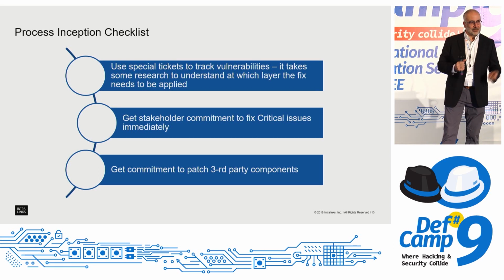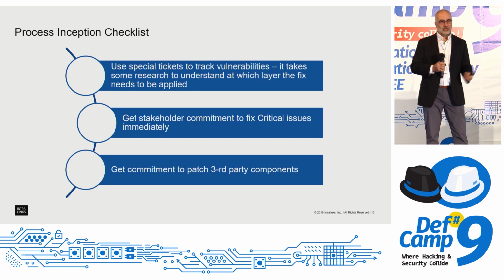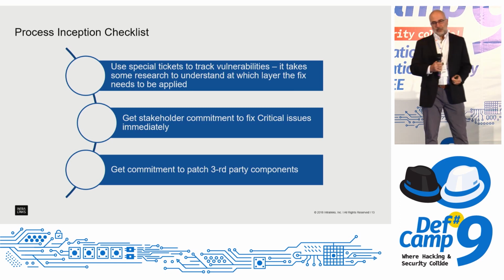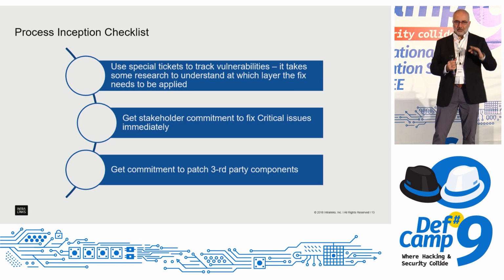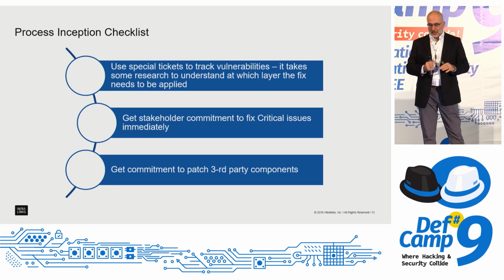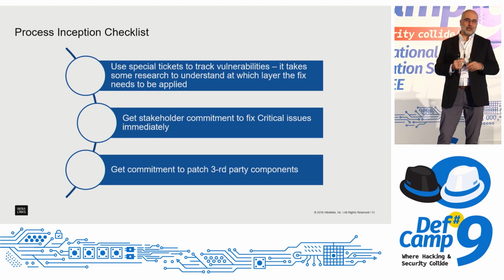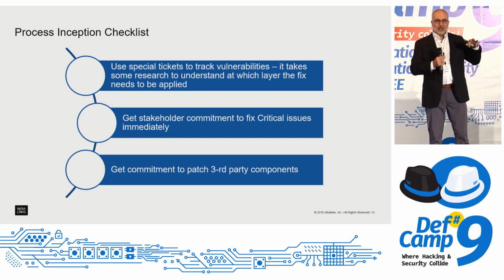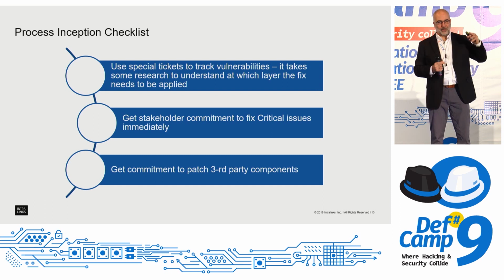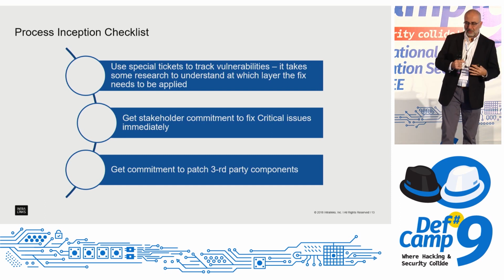Or don't use this character, and this character is a currency denomination in some countries. So you cannot follow them. You need to do some investigation, figure out how to fix them. That's why it's really good. It helped us to have special tickets which are called vulnerability tickets, and then you create implementation tickets and link them back in so you can manage actually what's being done.